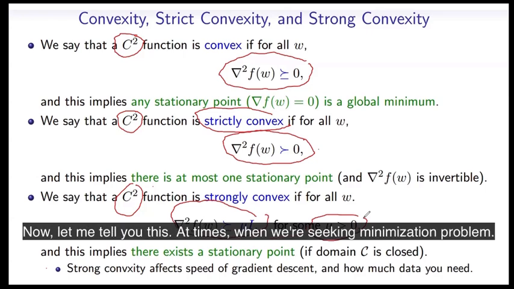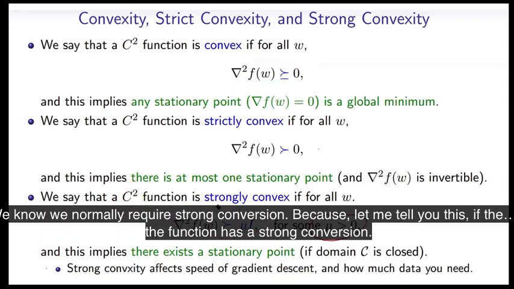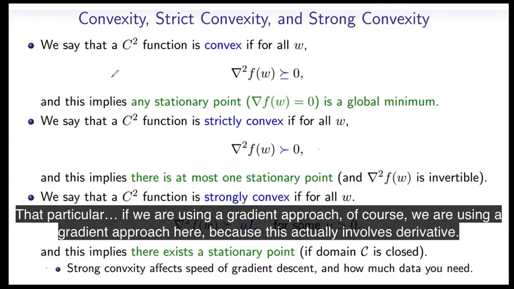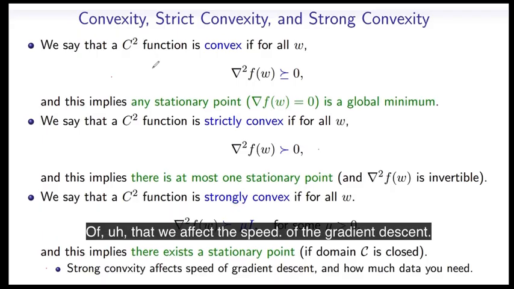Now, let me tell you this. At times, when we're seeking a minimization problem, we normally require strong convexity. Because if the function has strong convexity and we are using a gradient approach, of course, since this involves the derivative, it affects the speed of the gradient descent.